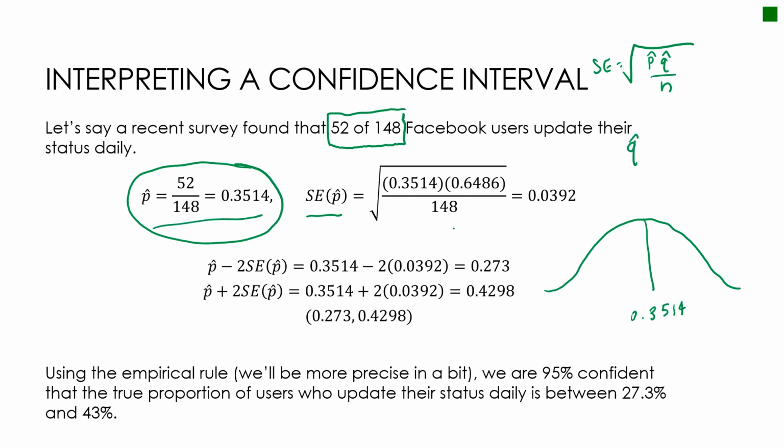Remember, q hat would just be 1 minus p hat, so 1 minus 0.3514, and that's where I came up with 0.6486. And so to find my standard error, I'm taking p hat q hat divided by n, n being the size of my sample, which is 148.